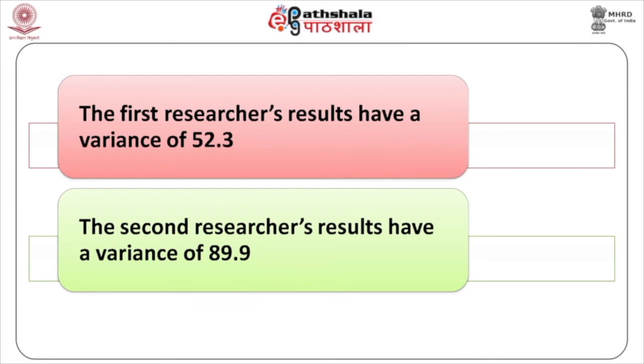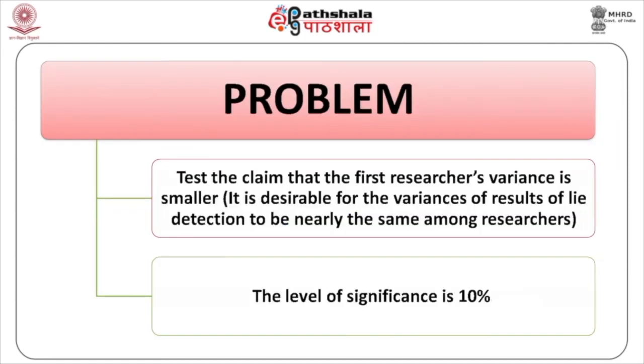The second researcher's results have a variance of 89.9. The problem is to test the claim that the first researcher's variance is smaller. It is desirable for the variances of results of lie detection to be nearly the same among researchers. The level of significance here is 10%.